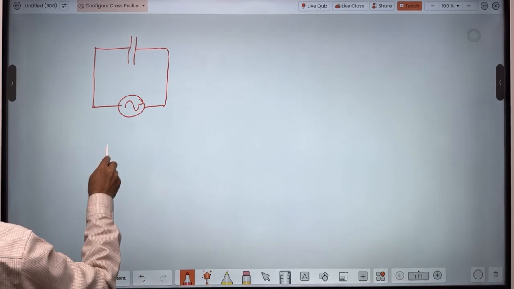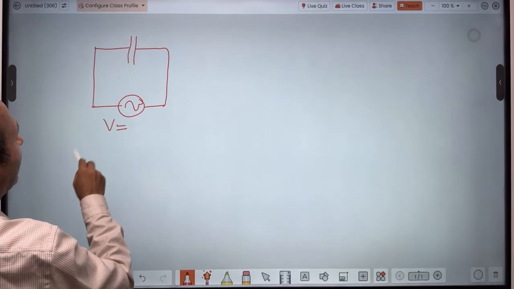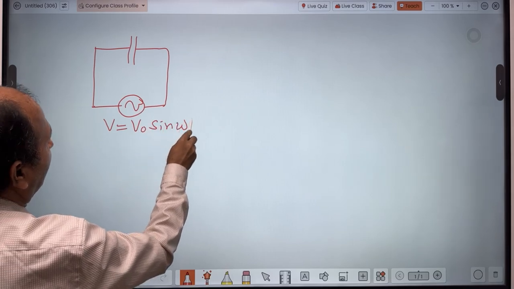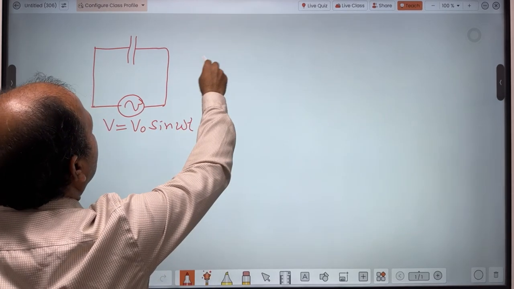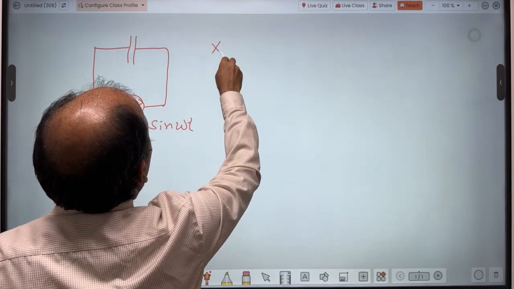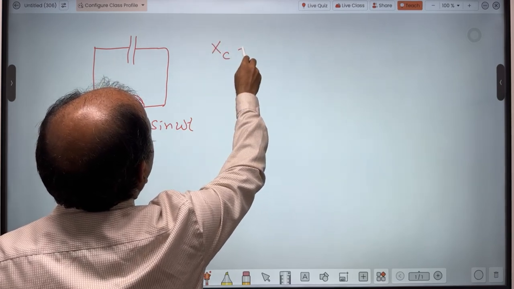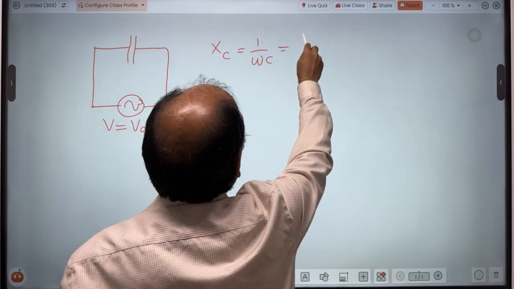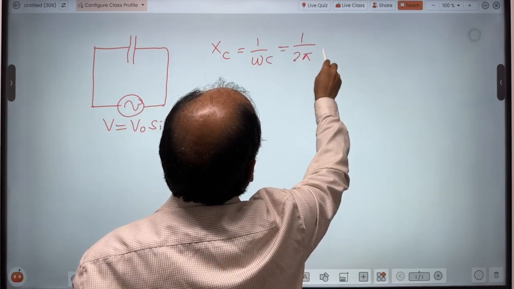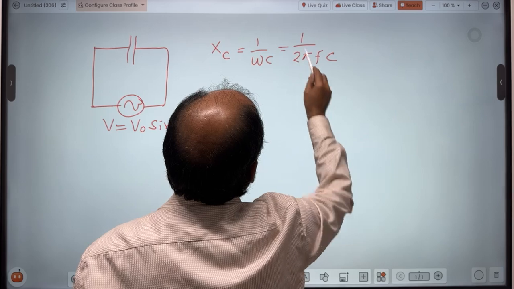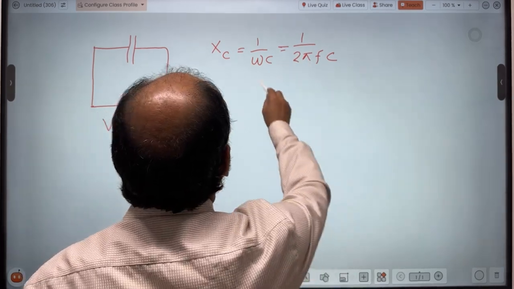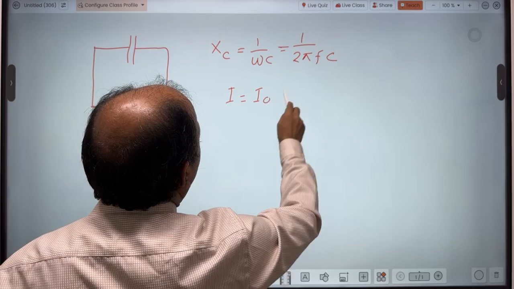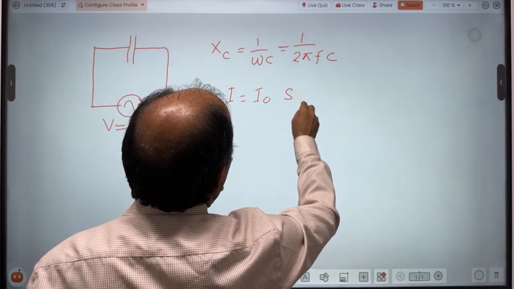This all you have studied, that is why I am not going in detail. Voltage applied will be V0 sine omega t. In such case, we find capacitive reactance, that is 1 upon omega c or 1 upon 2 pi f c, right?